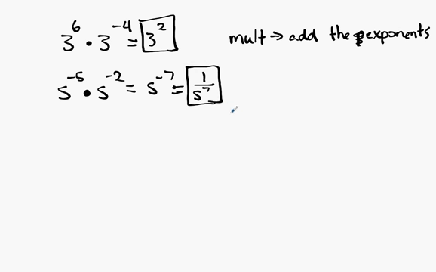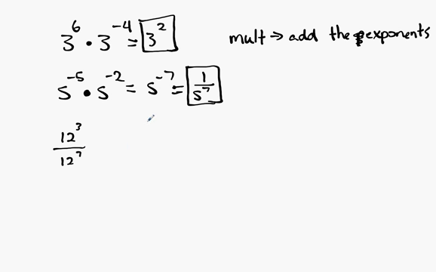So that's multiplication, but what about if we have to divide? So let's say we have the number 12 to the third power divided by 12 to the 7th power. Why not? Okay, it's a little bit different.